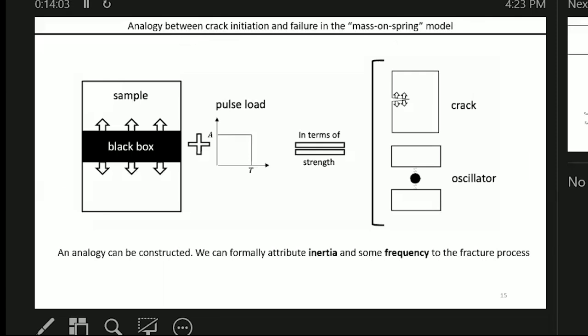So we try to show that we can formally attribute some inertia to the fracture process. And then actually the crack can behave as some system with inertia, and we can even calculate some virtual frequency of this process. We still don't know what this frequency means and what it can be used for, but we think it's kind of interesting.